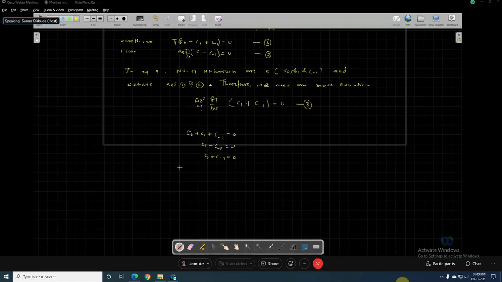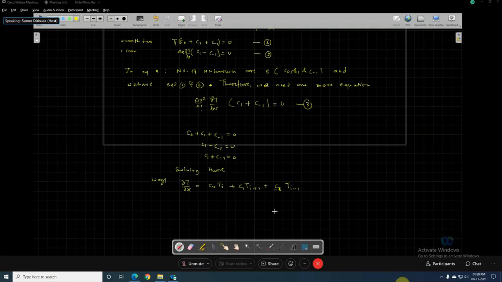Solving these three equations, we get del t del x is equals to C naught T I plus C1 T I plus 1 plus C minus 1 T I minus 1.